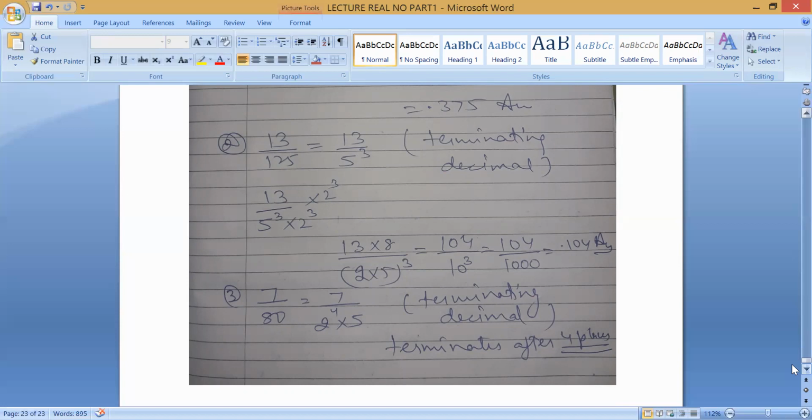Now each one has to maintain the copy. Tomorrow I will be taking the class of chapter 2. A new chapter I will be starting, and each one has to come for the problem class. IDs and all the things are given on the website.